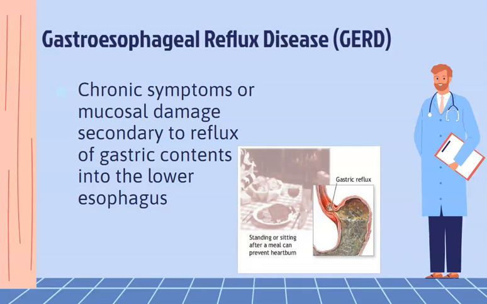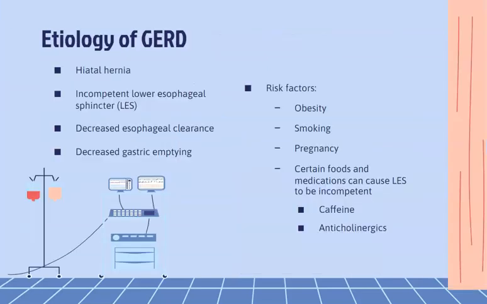When we're taking medical history, it seems like a majority of our clients will have some form of GERD in their history, along with maybe some asthma or COPD, maybe some hypertension. If they have obesity, maybe they smoke or are pregnant, they might also have GERD as part of their medical history. Let's look at some causes of GERD.